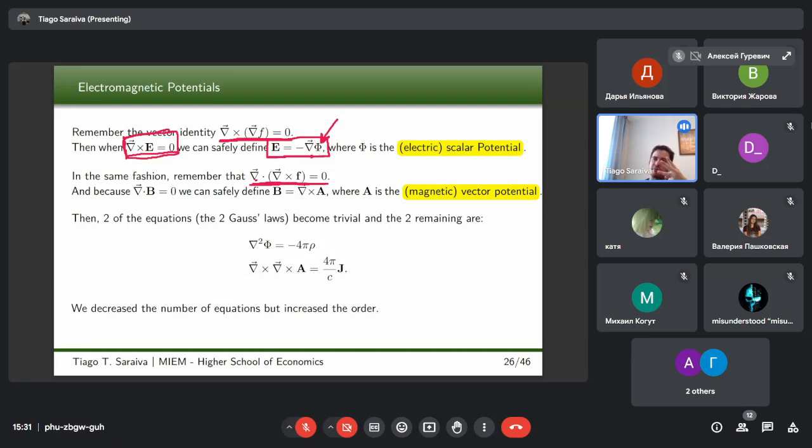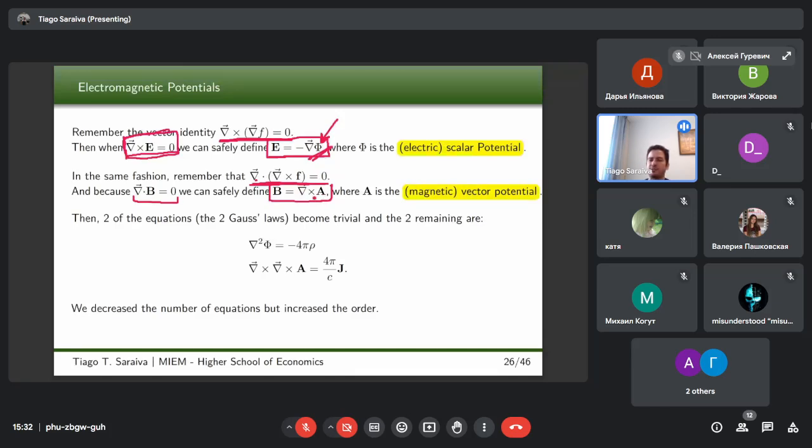Then you reduced your electric field from 3 components, X component, Y component and Z component, to one scalar function, so it just has one component. And the same thing with the magnetic field, more or less: the other equation was the divergence of B equal to 0. This is always satisfied, right? And because the divergence of a curl is 0, you can always define B as the curl of some vector potential, in this case a vector.